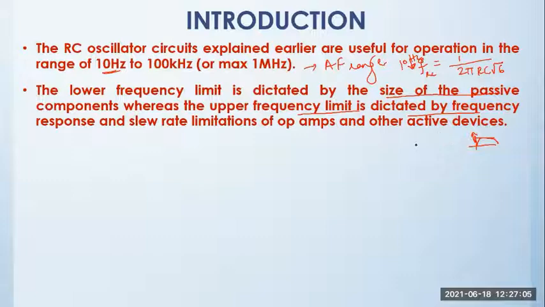And another limitation is the slew rate. Slew rate, do any of you know what is slew rate? You have studied op amps, right? Anybody? What do you mean by slew rate? Very bad.